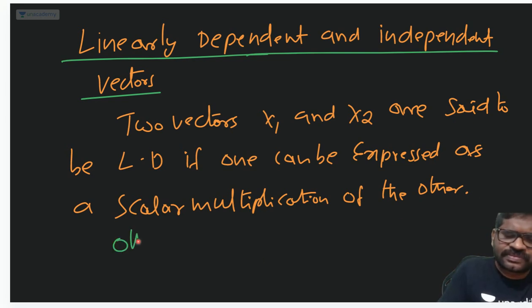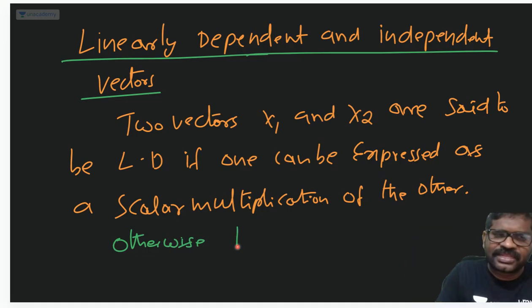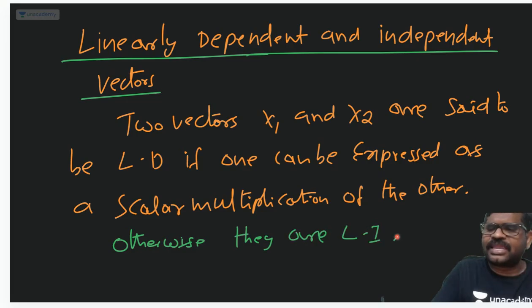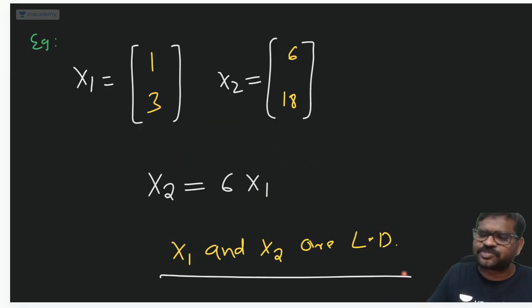Otherwise, meaning if it is not possible to express like that, they are linearly independent. If it is possible to express one vector as a constant times some other vector, then they are dependent.